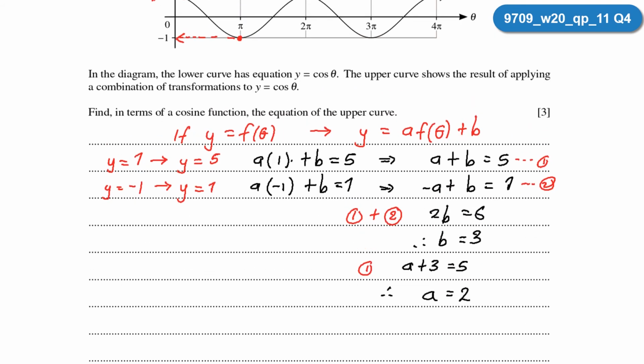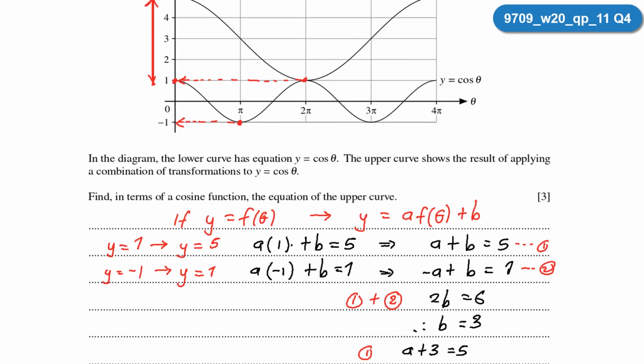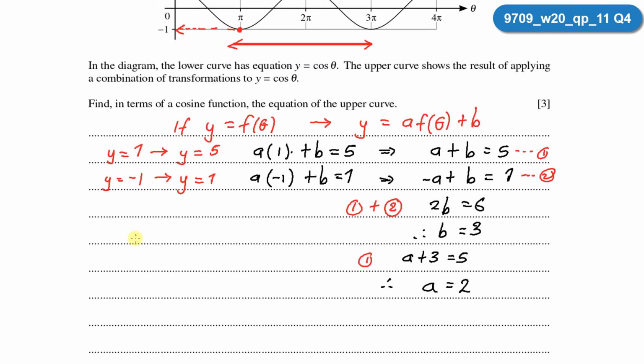Let's now consider the horizontal aspects of the transformation. So for horizontal, we are mainly concerned about the region inside the bracket around theta. The set of transformations I would want to represent with constants C and D, like C theta plus D. So this will affect the horizontal aspects of the graph.